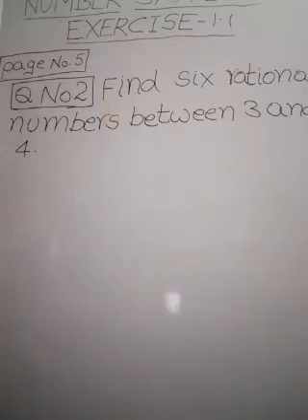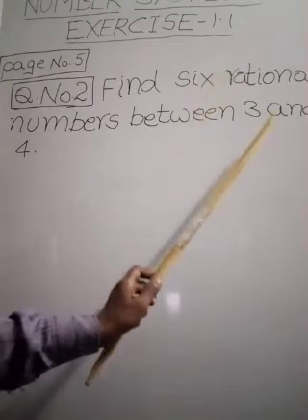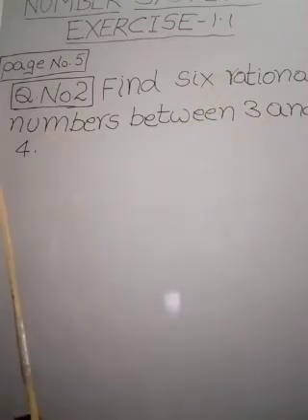We have already learnt that there are infinitely many rational numbers between any two rational numbers. Do you remember that point, my dear children? Yes. Now we are going to find only 6 rational numbers between these two rational numbers.